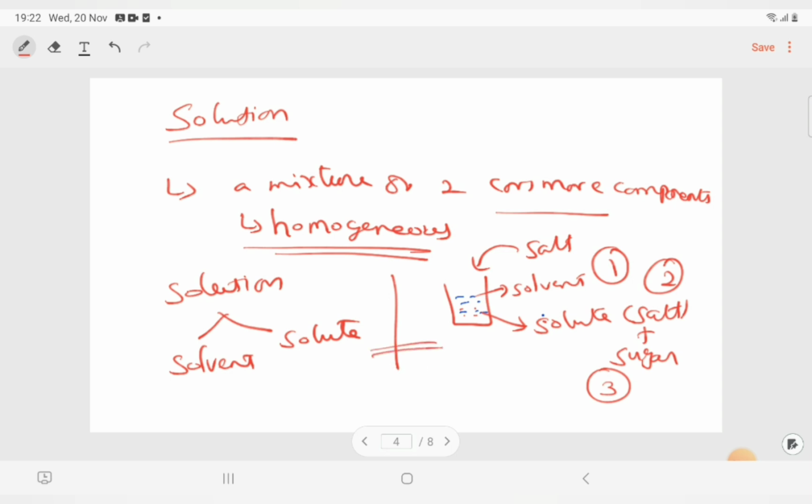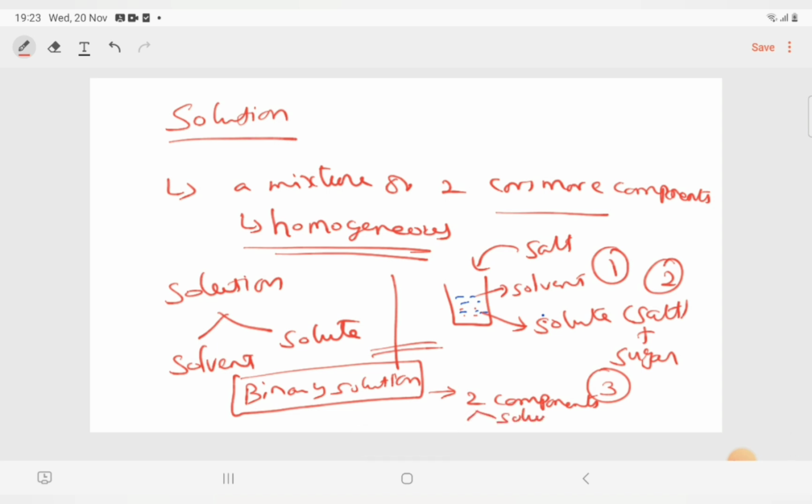In that sense, there are several types of solutions like binary solutions, ternary solutions. Your class 12 CBSE portion considers only the binary solutions, which has only two components, which means one is solute and the other one is solvent, right?